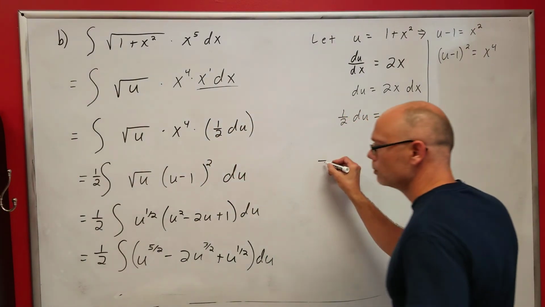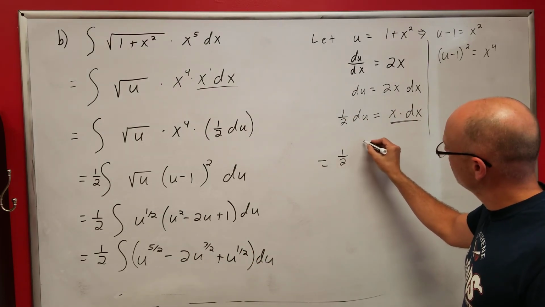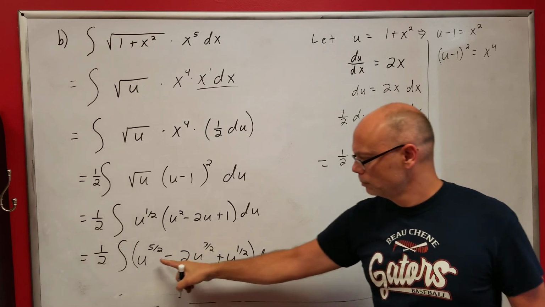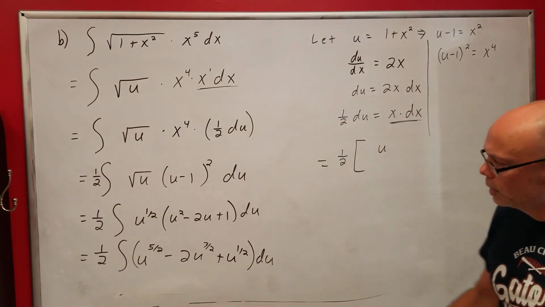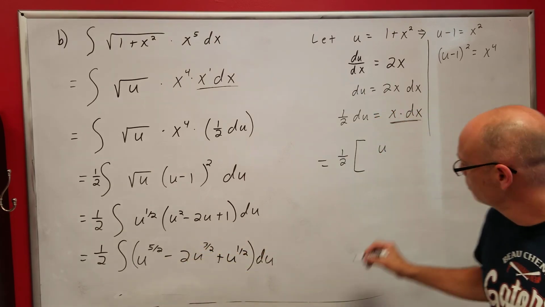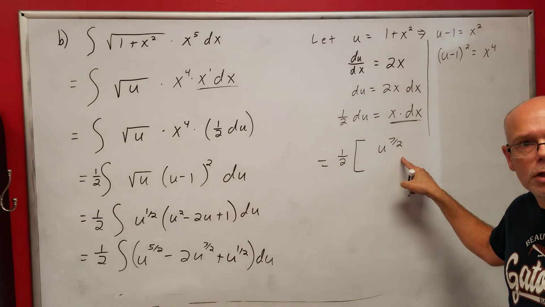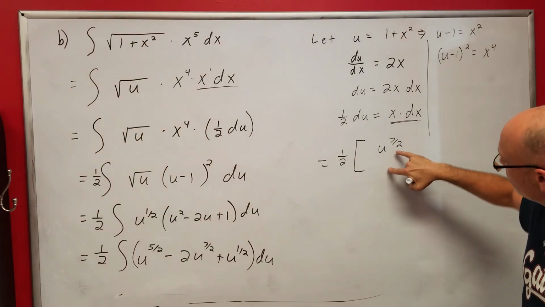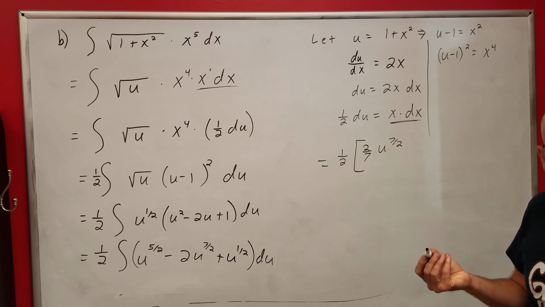Let's do so. So we have 1/2 out front. Then what do we have on the inside here? What's the antiderivative of u to the 5/2? That's u to the 5/2 plus 1, or 7/2, divided by 7/2 usually we do. But instead of divided by 7/2, let me just put times 2/7, because we're going to have to do that anyway.